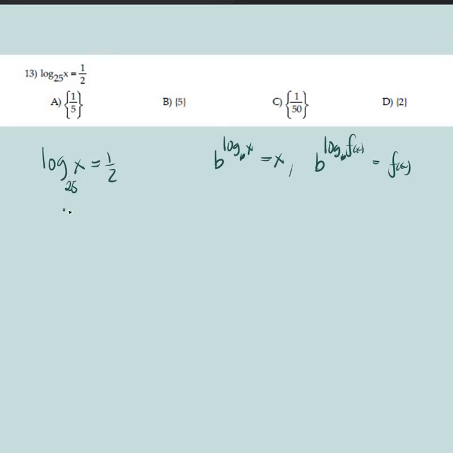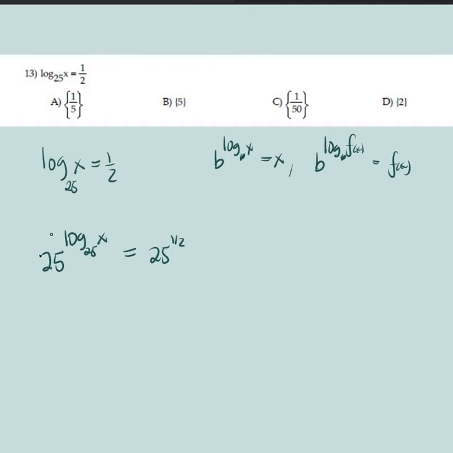So in this case, we need to look at the base. The base here is 25, right? So how do we solve this one? It's like putting here 25 to the log base 25 of x is equal to x. Or in this case, it will be 25 to the log base 25 of x is equal to 25 to the 1/2. And here's the thing: if you put a 25 here, you have to put a 25 here, in order to keep the equation balanced.